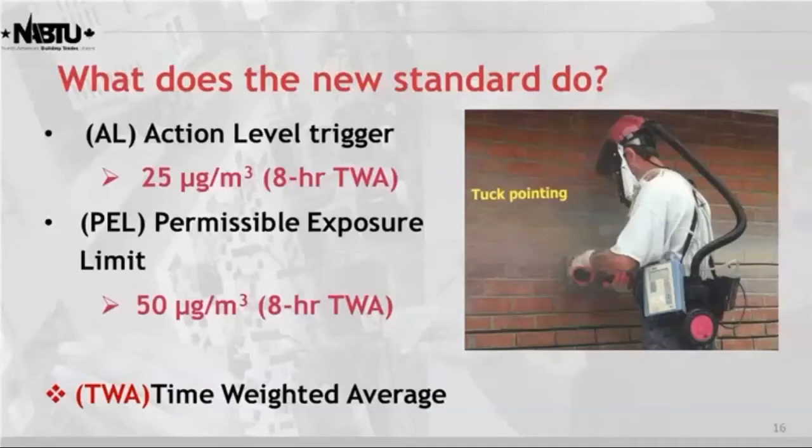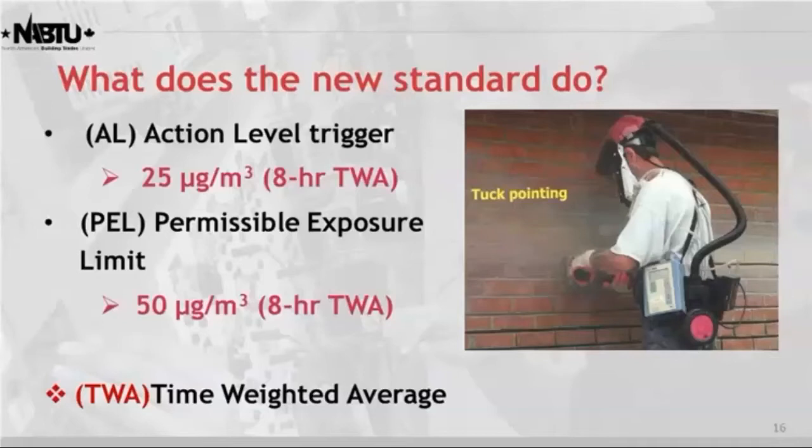So I'm going to go over some of the key elements of this standard, starting off with what's called an action level. According to OSHA, if you're involved in a task that's greater than 25 micrograms per cubic meter over an 8-hour time-weighted average, that's called a trigger level. The maximum exposure limit under OSHA for silica is 50 micrograms per cubic meter of air.